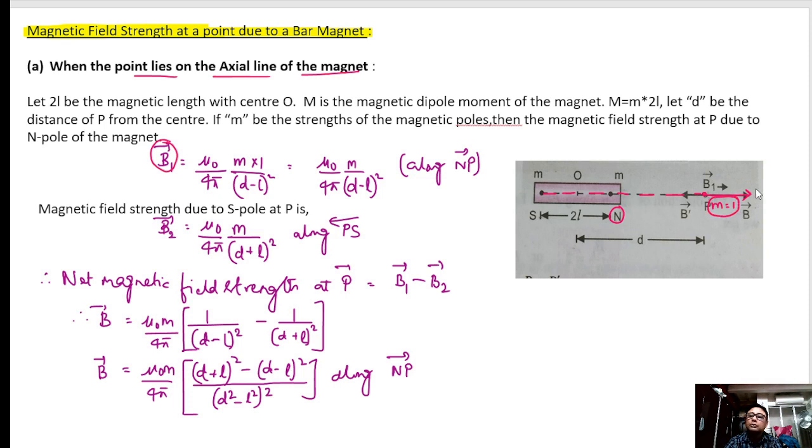This is the magnetic field strength at a distance of D minus L, isn't it? So this will be D minus L. And this will be D plus L.